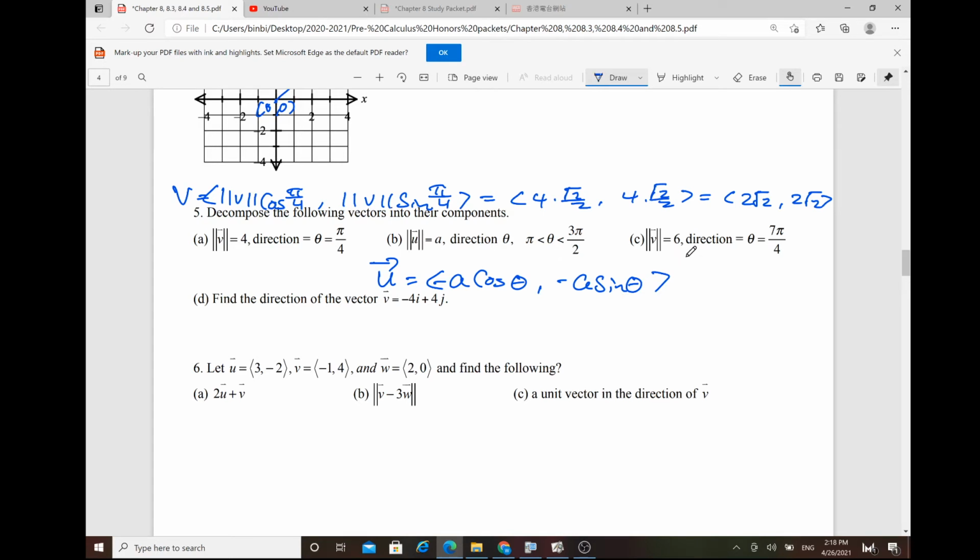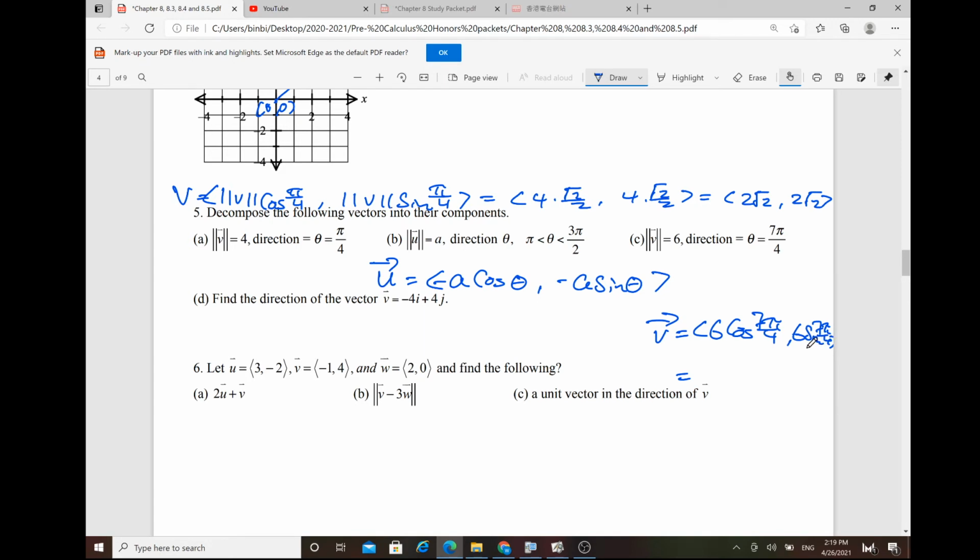And then what about vector v equals 6, direction is 7 pi over 4, similar. So vector v is 6 times cosine of 7 pi over 4, comma, and then 6 times sine of 7 pi over 4. So again, it shows the horizontal component, the vertical component.